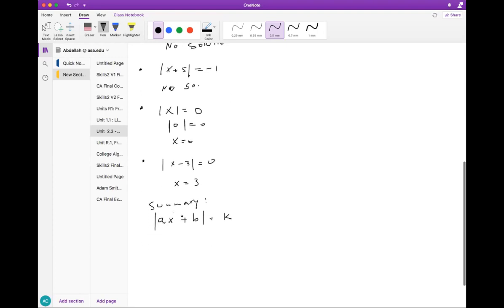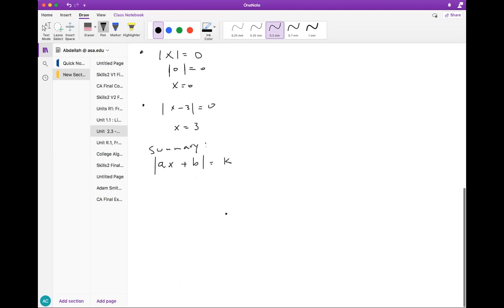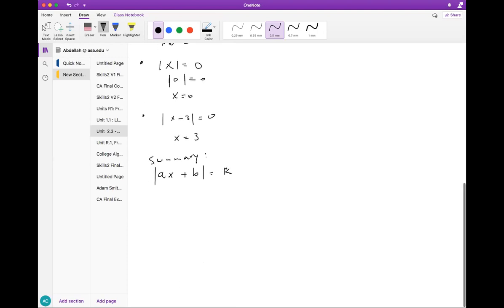Sometimes there could be numbers before or after the absolute value, but when we isolate it, you end up with this form. If you have, for example, +5, we can move it over and combine it with k. So based on the sign of k, we determine how many solutions the equation will have.